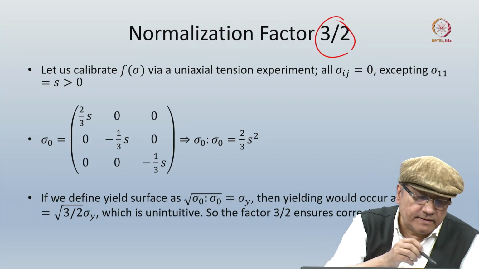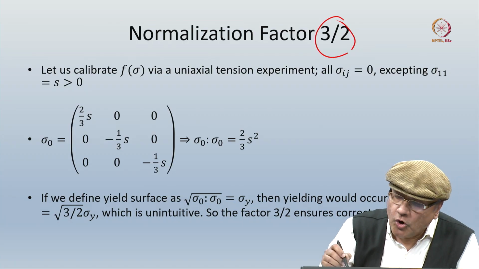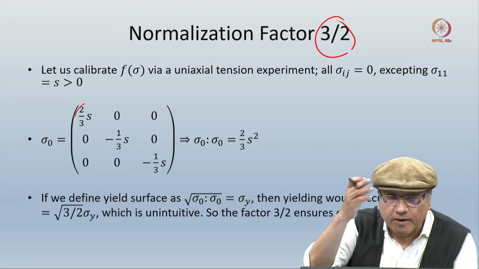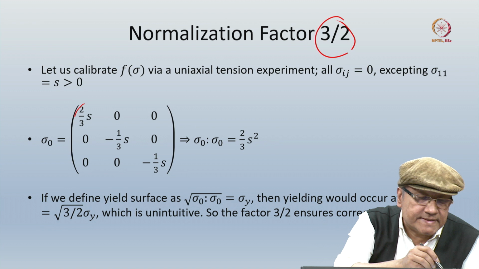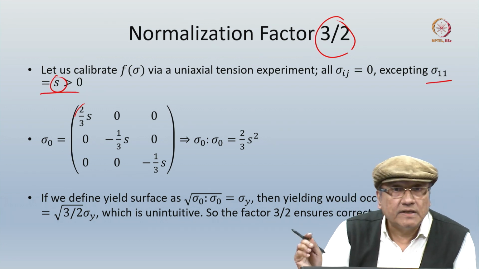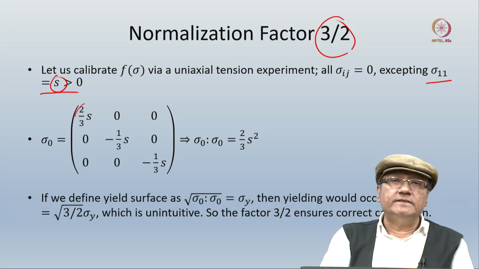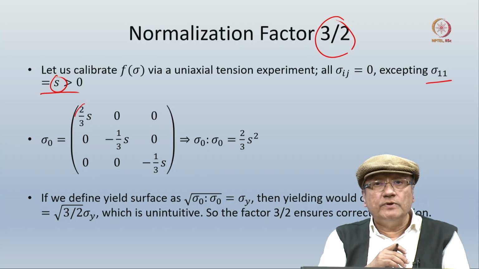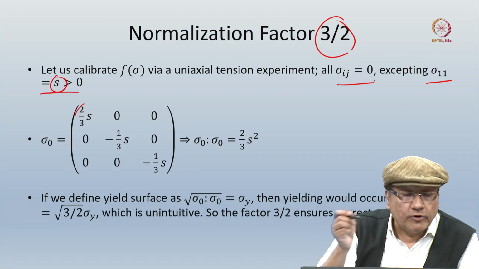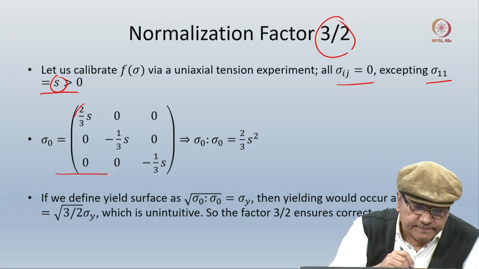Let us consider a stress tensor in which all the elements are 0 except for the first element, sigma_11, which is equal to S. All the other sigma_ij's are 0. For this original stress tensor, the deviatoric stress tensor will be simply as written here.